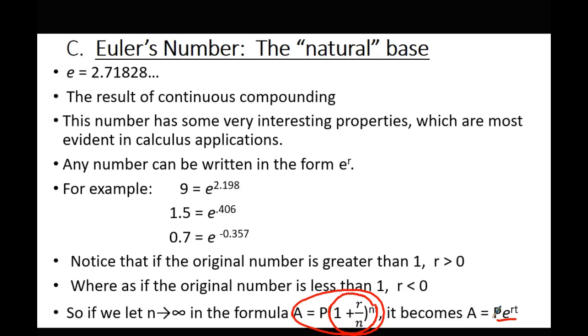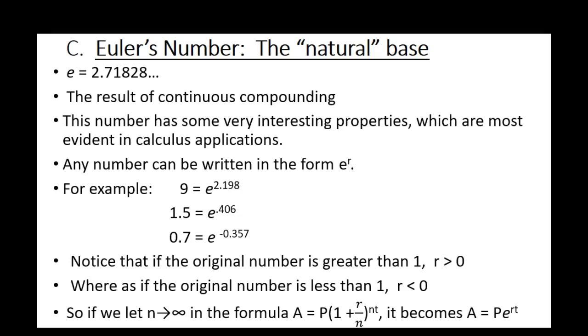Okay, you can call it PERT if you want to. And what that is, that's called continuous compounding. You're breaking it up into infinitely small chunks, and you're adding that percentage infinitely many times. And what that does, it gives you the maximum possible output. Okay? Besides the fact that it's also very useful in calculus. So E matters, it's important.